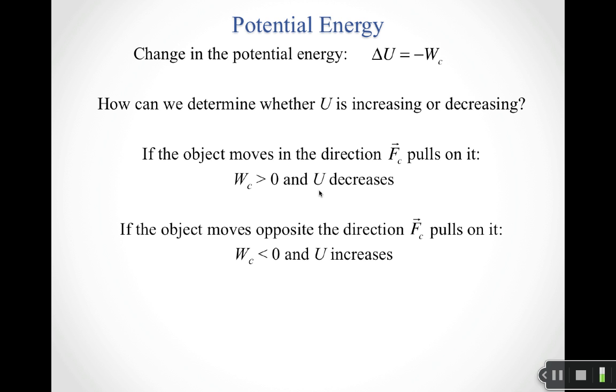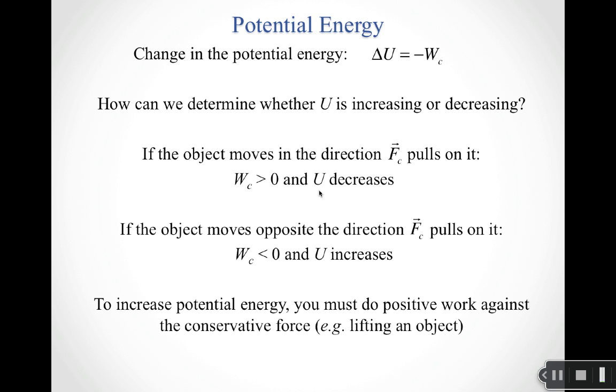On the other hand, if you move an object opposite the direction that a conservative force pulls on it, then the conservative force is actually doing negative work. And that negative work is effectively being stored as potential energy. So you increase the potential energy when conservative forces do negative work.